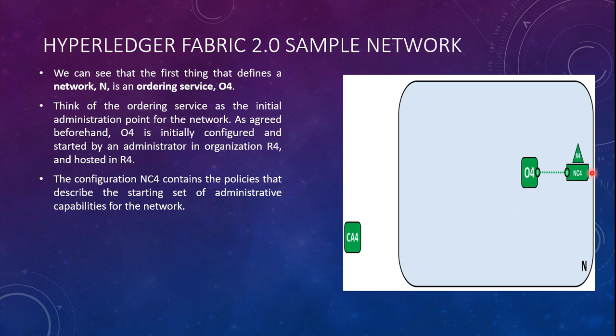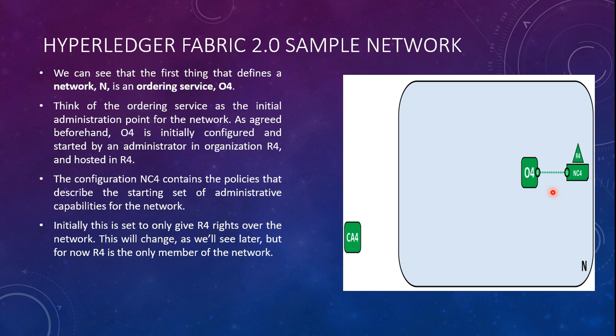This configuration NC4 contains the policies that describe the starting set of administrative capabilities for the network. Initially, this is set to give only R4 the rights over the network. Now this will change as we'll see later, but for now R4 is the only member in the network.